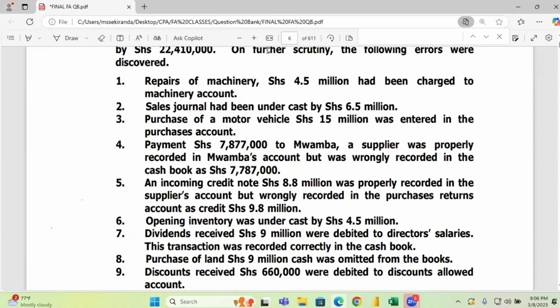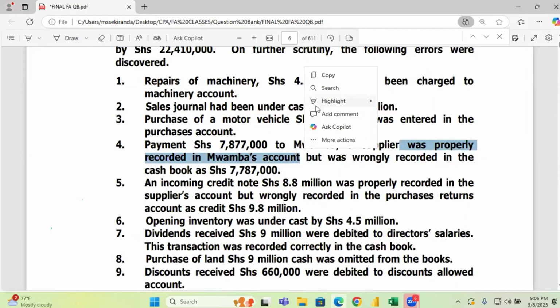Note number 4, payment of 7877 to Mwamba, a supplier, was properly recorded in Mwamba's account, but was wrongly recorded in the cash book as 7787. A payment to Mwamba, 7877, a supplier, was properly entered in Mwamba's account.